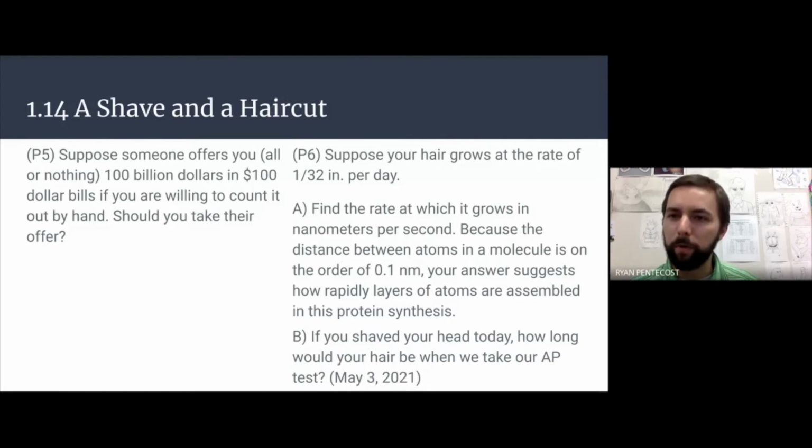That's 15 points up for grabs for this bonus. But if the same person gets it, they were the fastest. So again, go ahead in the discussion and do the math real quick. If you shave your head on August 26th, 2020, how long would your hair be if you never get a haircut by May 3rd, 2021?